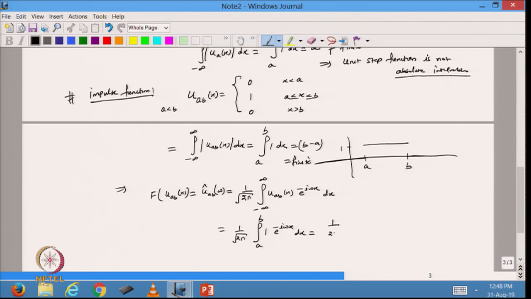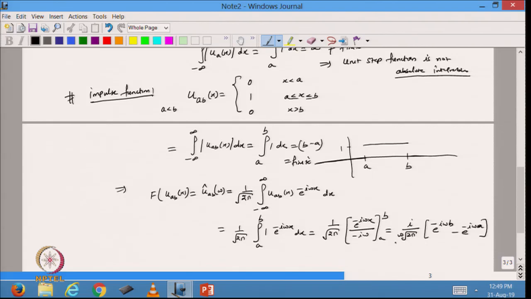This will be equal to 1 over root 2 pi times e raised to power minus i omega x over minus i omega, from a to b. From here I can write this as i over omega root 2 pi, times e raised to power minus i omega b minus e raised to power minus i omega a.